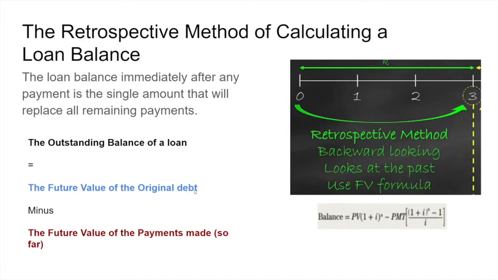The future value of the original debt is calculated using the future value formula, which is PV(1 + i)^n. Minus the future value of the payments made so far, which is the future value formula for a series of payments: PMT((1 + i)^n - 1)/i. So we're using two of these formulas, this one minus this one, in order to calculate the value at year 3.